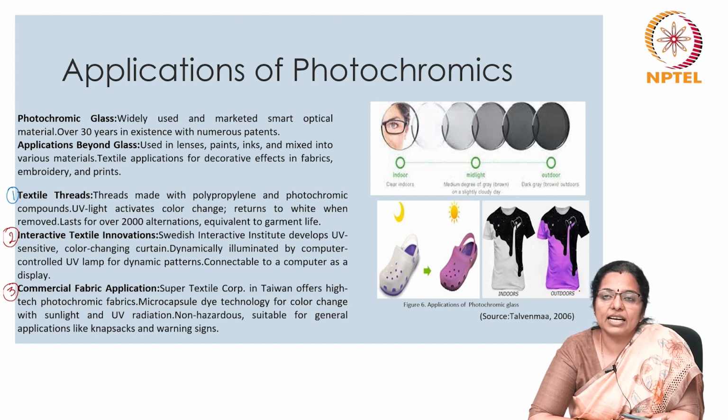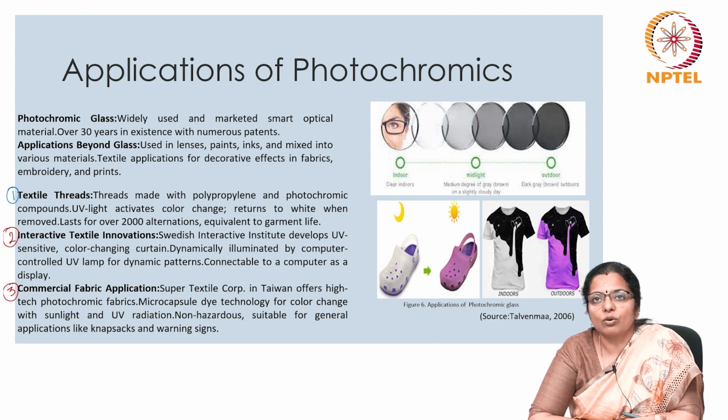Whether it is textile, it appears in threads made with polypropylene and photochromic compounds. These enable color change which gets activated due to UV light and lasts for about 2000 alterations. That is a good enough life of a garment.